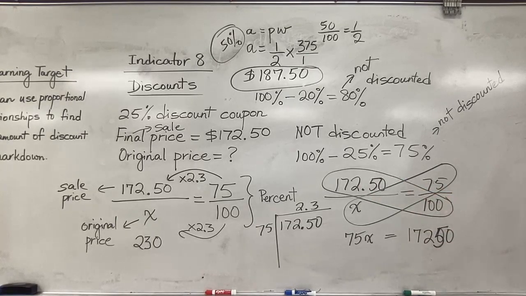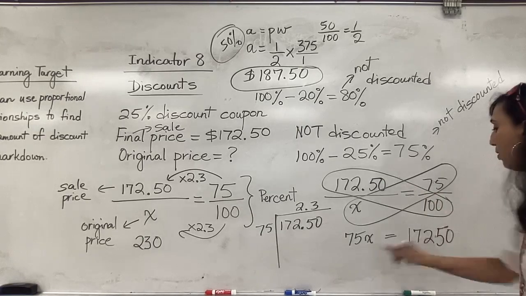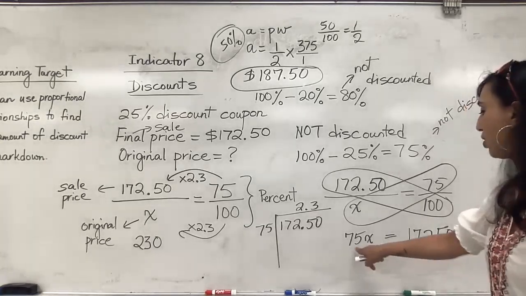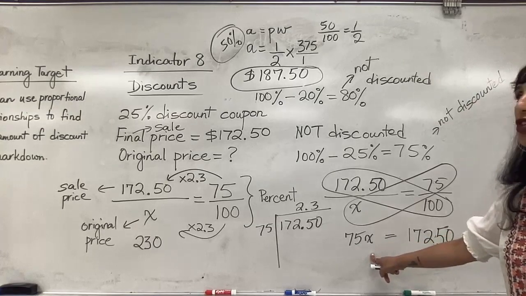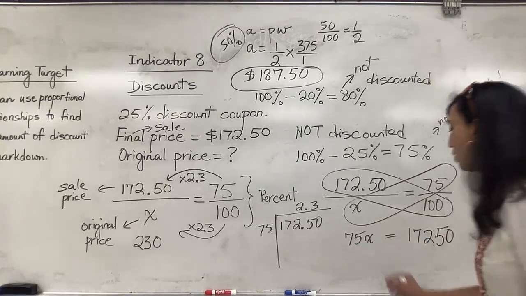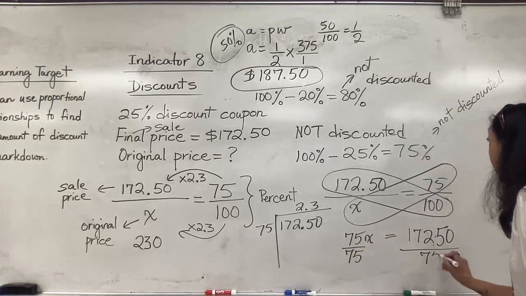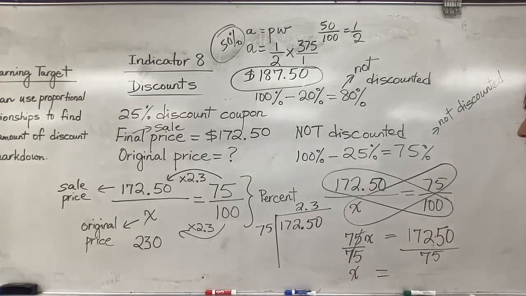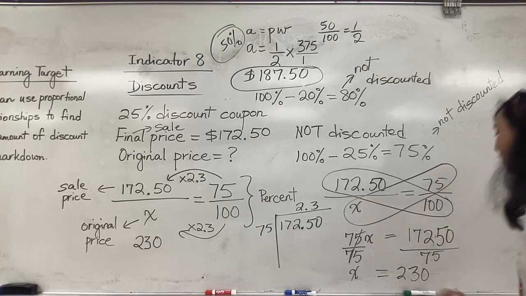And then all I'm doing is my one-step equations, and this is multiplication because the coefficient comes before the variable. So the inverse operation is division, and so I'm going to divide both sides by 75, and so therefore x, when I divide this, I am going to get 230 as my answer.